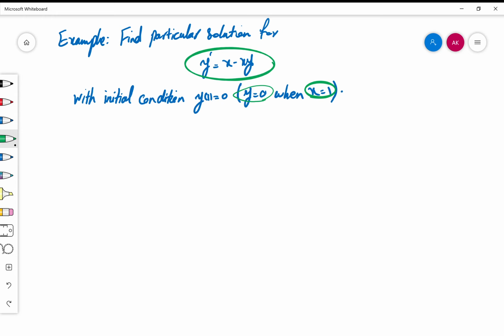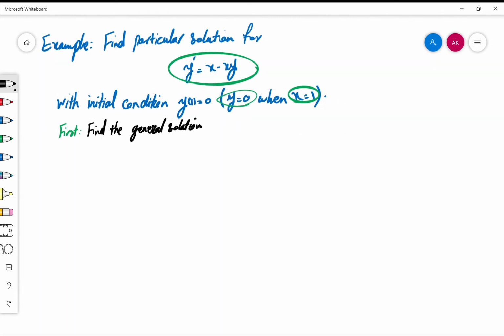When you have a differential equation with initial condition, what you do is first find the general solution. When you're done, you have a solution with some c somewhere.